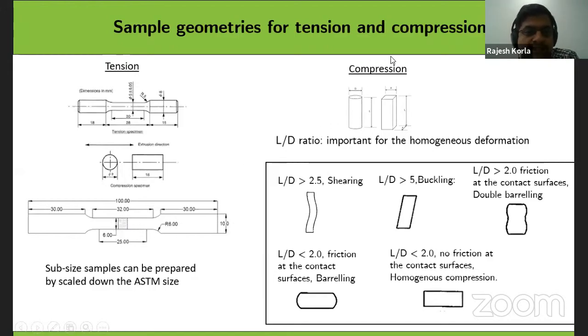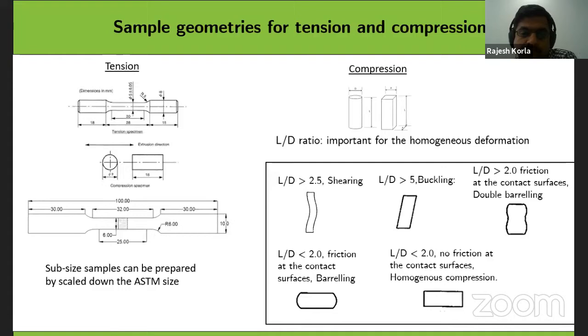If we go to compression experiments, the samples are either cylindrical cross section or rectangular cross section. In the tensile experiment, the basic properties are your gauge length and your cross-section area. These are the two important parameters. In the compression experiments, the length of the sample and the cross-section area of the sample are the two important parameters.